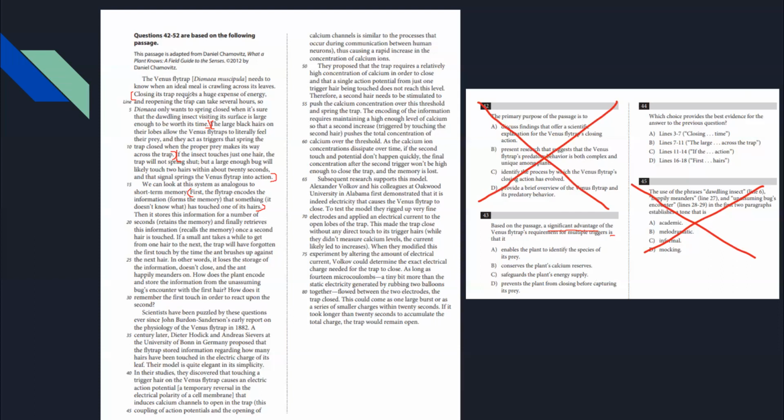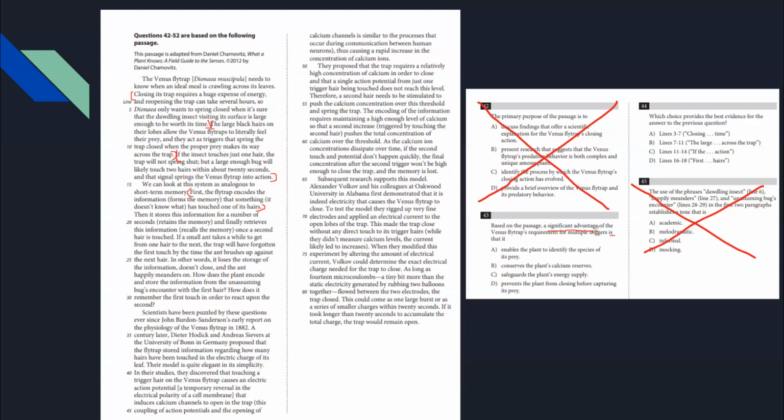Closing its trap requires a huge expense of energy, and reopening the trap can take several hours. So Dionaea only wants to spring closed when it's sure that the dwelling insect visiting its surface is large enough to be worth its time. So we have that.